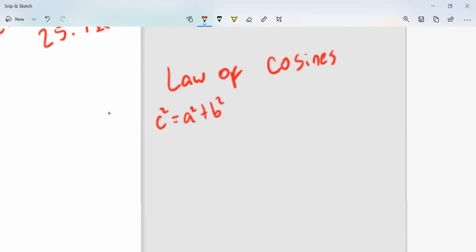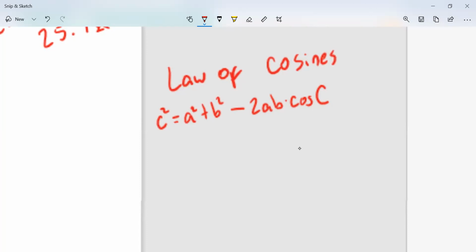It kind of looks like the Pythagorean theorem, but at this part I'm going to add a minus 2 times a times b times cosine of angle C. For right triangles, when we learned the Pythagorean theorem, technically we had this last part. I just didn't mention it because cosine of 90 degrees is 0. So the minus 2ab times cosine of C cancels out at the end. That's how we have it.